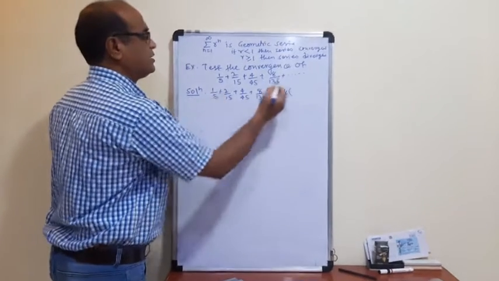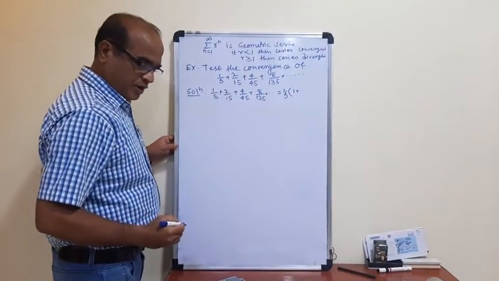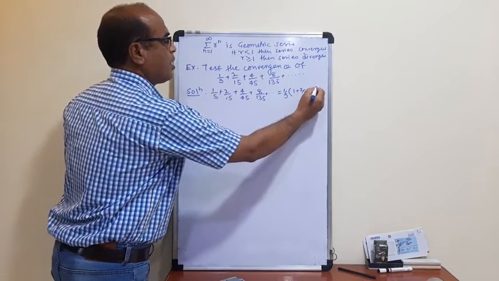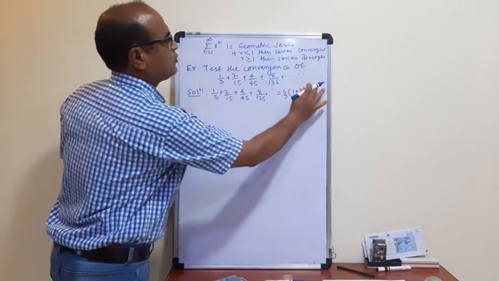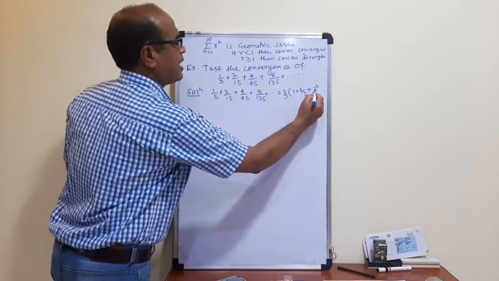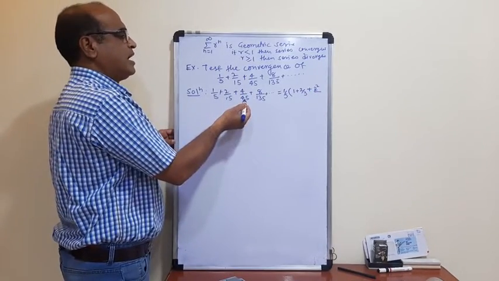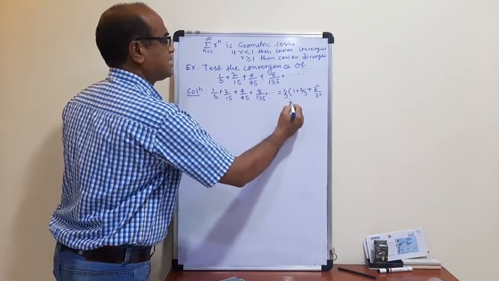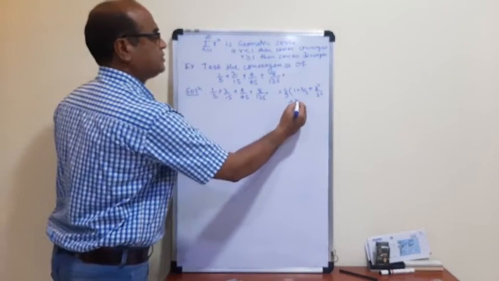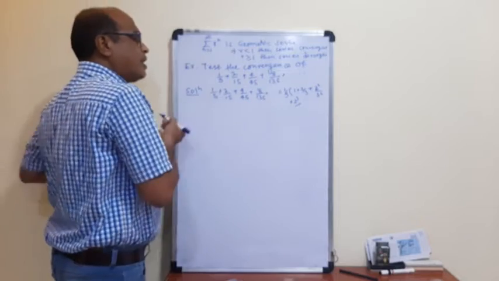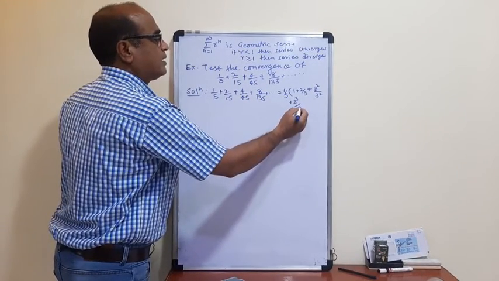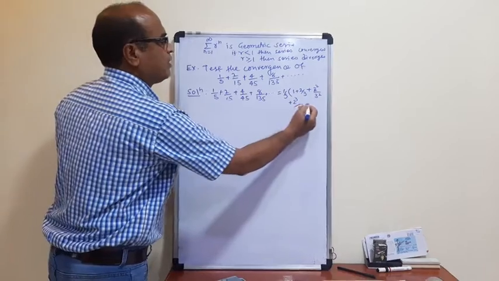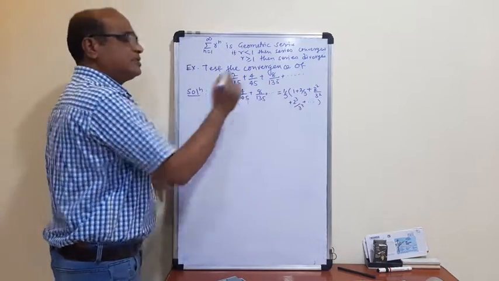So in the bracket, that is 1 plus 2 upon 3, plus 2 squared divided by 3 squared, that is 4 upon 9, plus 2 cubed divided by 3 cubed, that is 8 upon 27, and so on. So this series becomes like that.